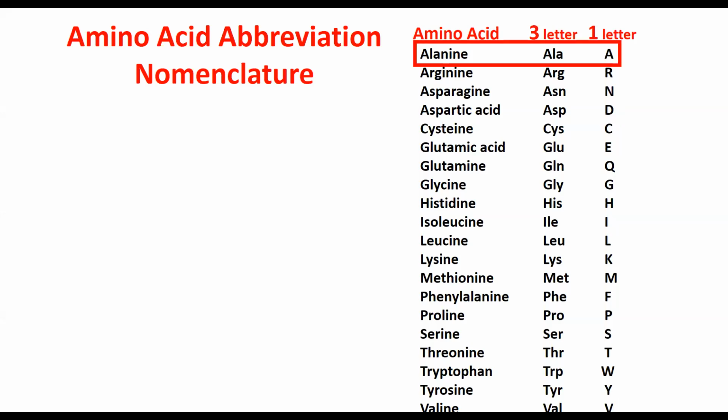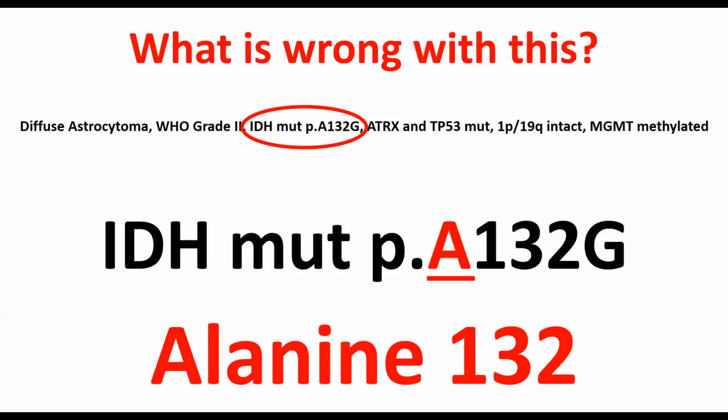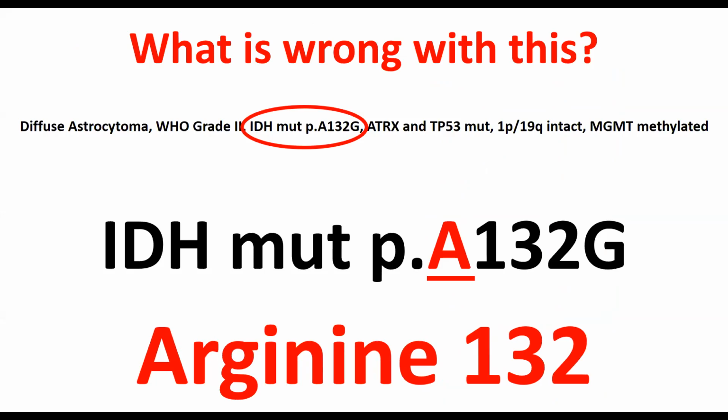In this particular mutation, as in the referring institution's report, alanine is A. So the A is alanine at 132. And the problem is that cannot be right in any way, because at residue 132 it is arginine. It is always arginine.